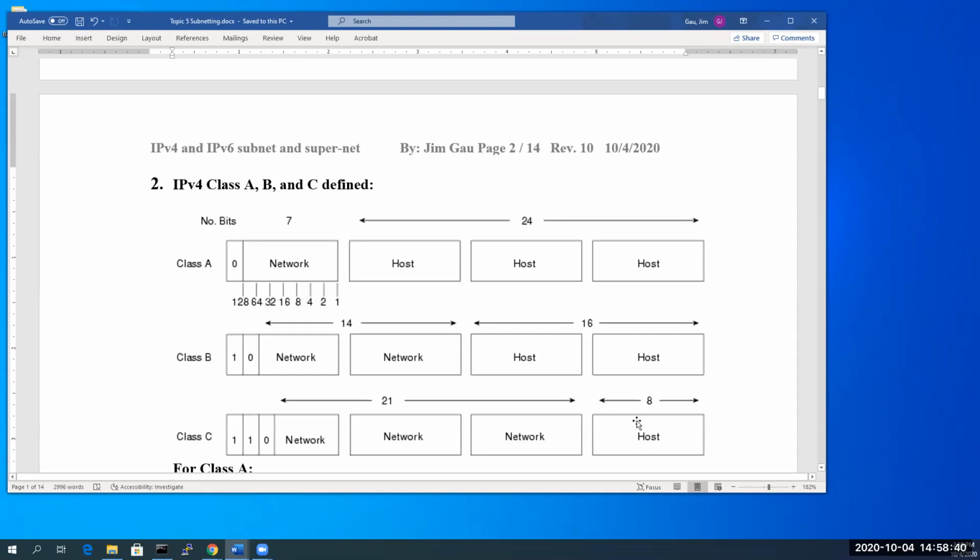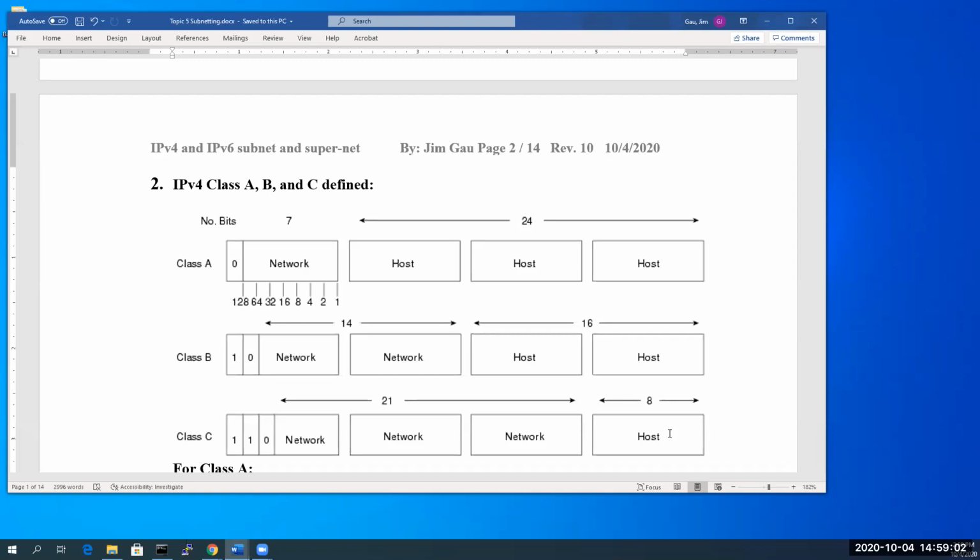That's class C, like 192.168.1.x. X is from 0 to 255. So the smallest network is 256. Of course, you cannot use 0, and you cannot use the last one, the broadcast 255. Well, then the smallest host number you can put in is still 254. It's kind of wasteful, not efficient.